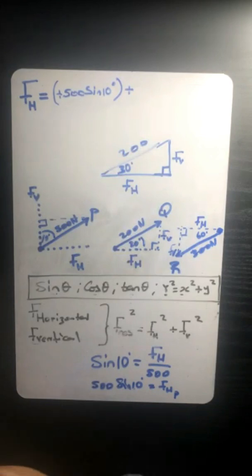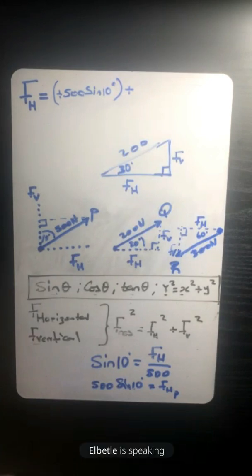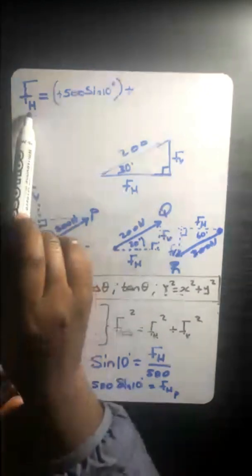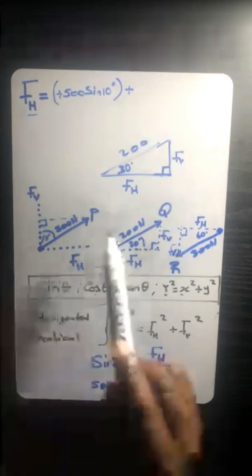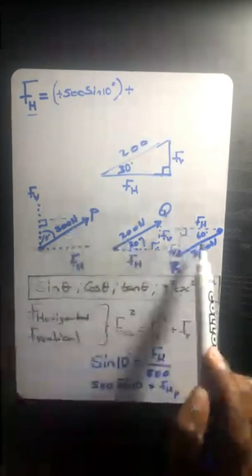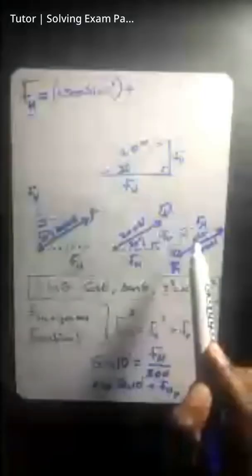Anyone to guess? This should guide you in terms of which side we are calculating. So we are calculating the horizontal sides. In all the triangles, we are calculating the horizontal sides. When we are done, we are still going to do the same but for vertical sides. That's how you answer this question.